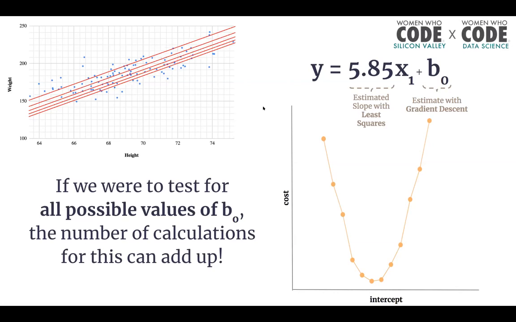One thing to note is the relationship you see between the intercept and the cost or loss: the cost is minimal for one intercept value, and as the intercept changes on either side, the cost or loss dramatically increases.